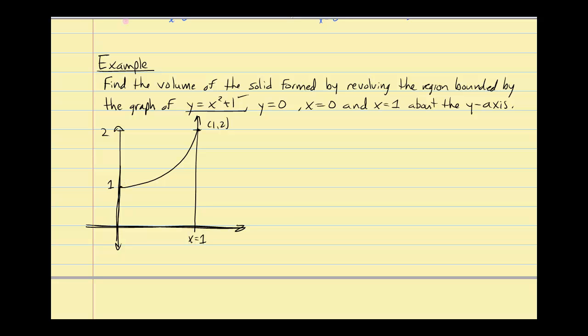Now we're rotating this about the y-axis, so this is a little bit different than what we're used to. Now, questions we need to ask ourselves. We need to be perpendicular to the axis of rotation. So because I need to be perpendicular to the axis of rotation, I need horizontal rectangles.